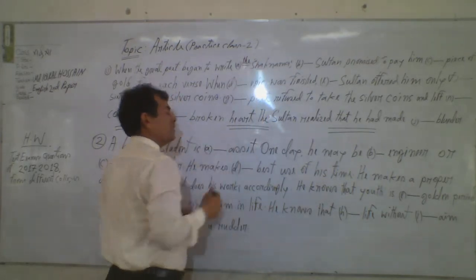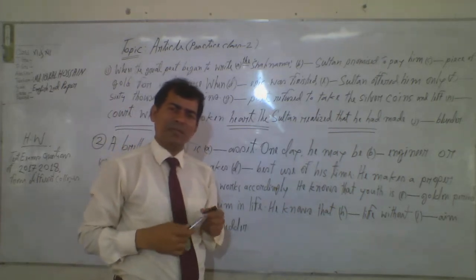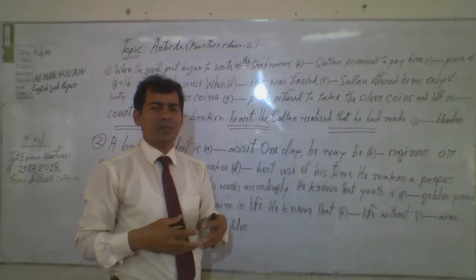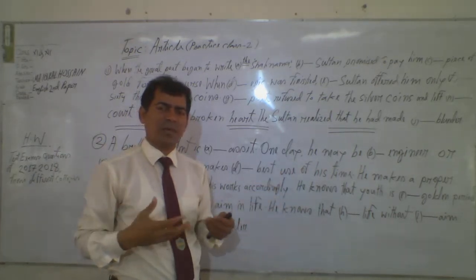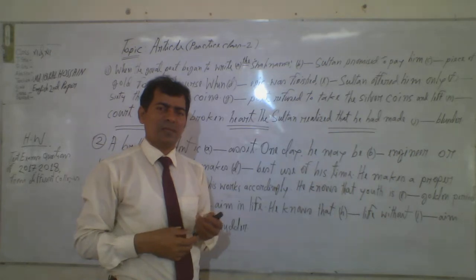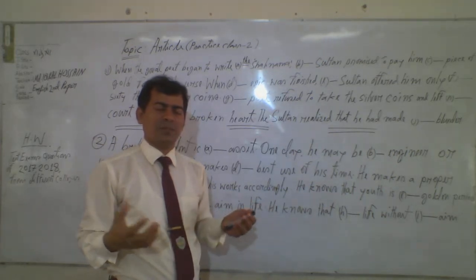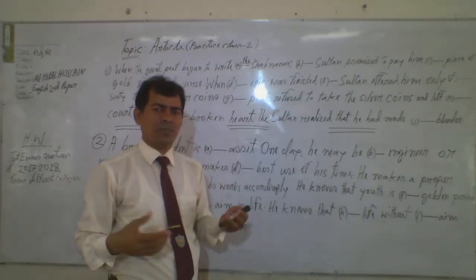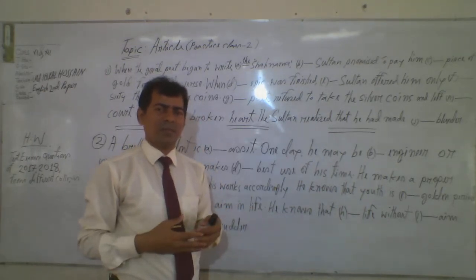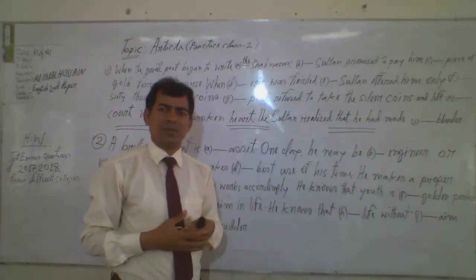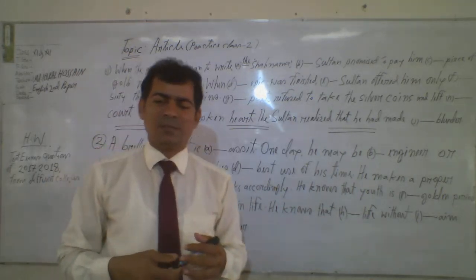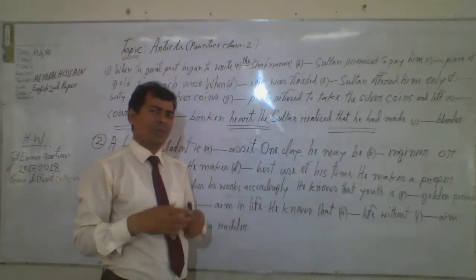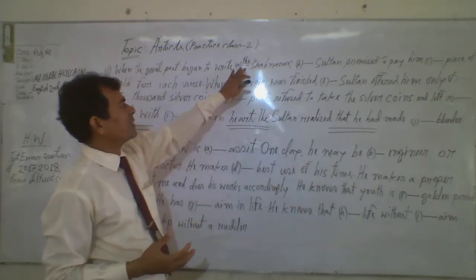Remember that an epic is a large scale poem where there are thousands and thousands of lines of verse, like Ramayana, Mahabharata, or Odyssey and Iliad by Homer, or Beowulf, Gilgamesh, Meghnad Badh by the great poet Michael Madhusudan of Bangladesh, of our country. So before any epic, we must use the definite article.